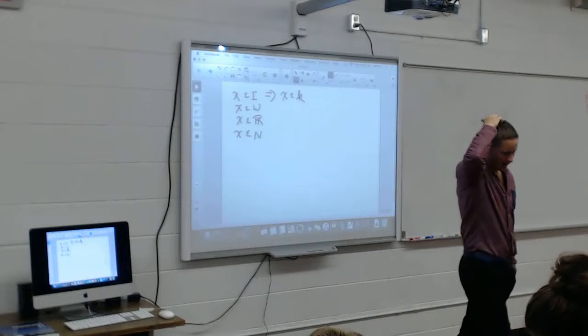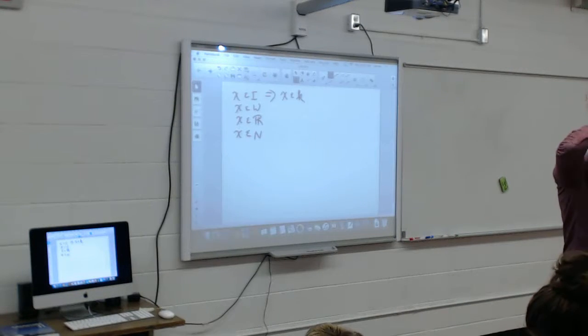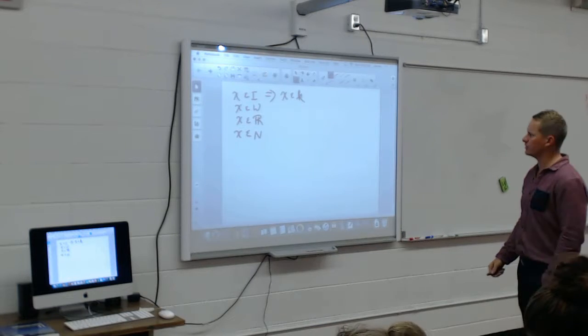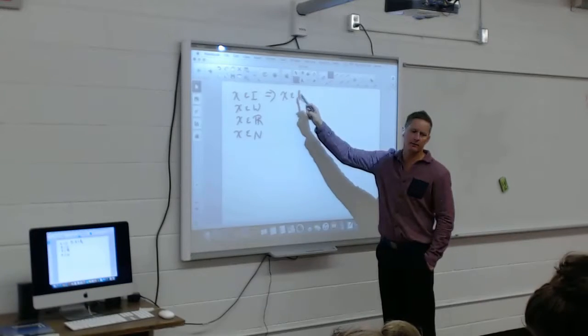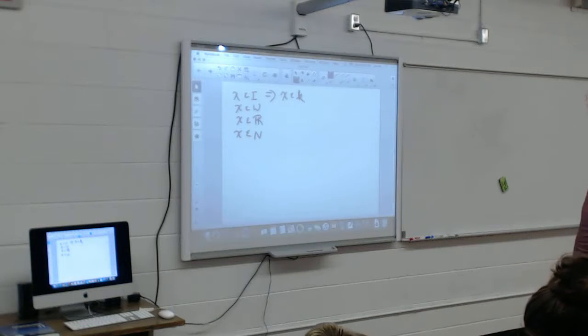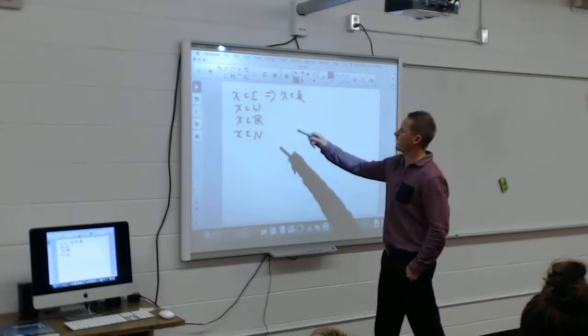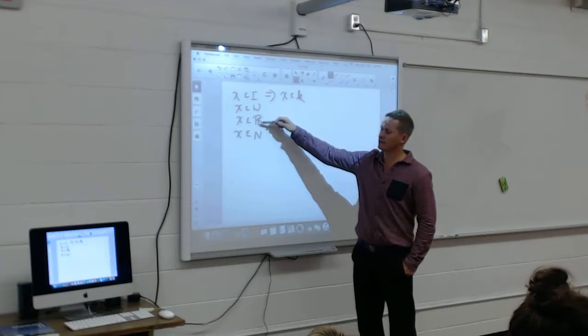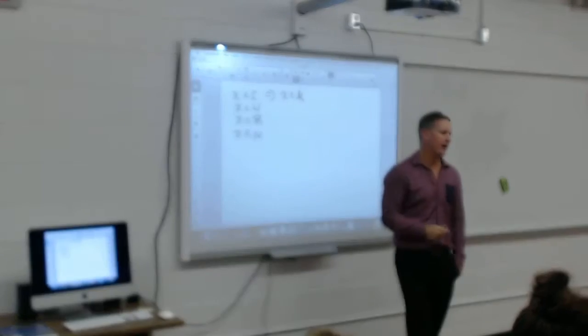I think it's K. We'll see it as we go through it, but it means integers. I've got to check that on the exam. But that symbol means integers. So you've got integers, X is an element of the whole numbers, X is an element of the real numbers, and X is an element of the natural numbers.